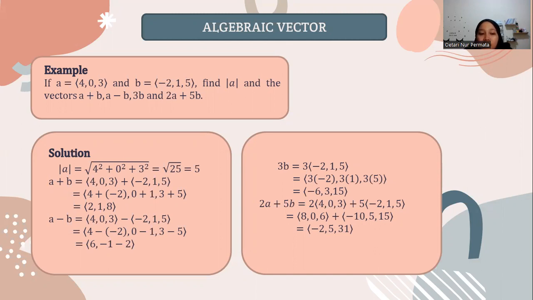Dan a kurang b: ⟨4, 0, 3⟩ dikurang ⟨-2, 1, 5⟩ didapat hasilnya ⟨6, -1, -2⟩. Nah, di sini kita dapat 3b-nya yaitu ⟨-6, 3, 15⟩ dan 2a tambah 5b yakni ⟨-2, 5, 31⟩.